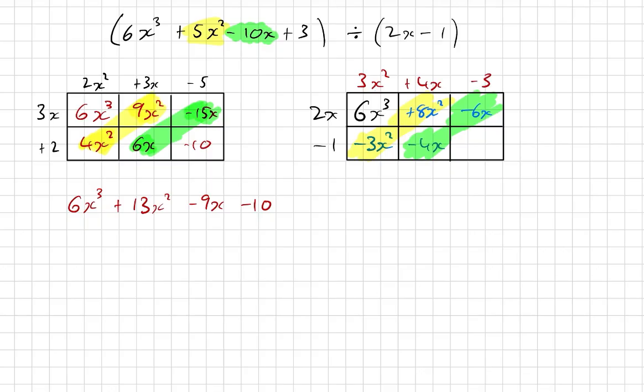And remember we said that this box should have this positive 3 in it. If it does, it means it divides in evenly and there's no remainder. So let's check. -3 times -1 does give me positive 3. That means there is no remainder. And we said our answer is the length, this term up here. So our answer is 3x squared plus 4x minus 3.